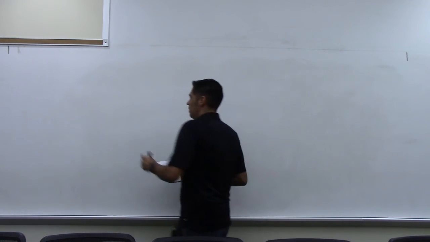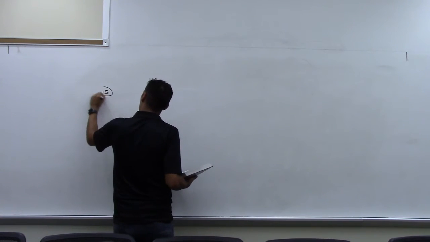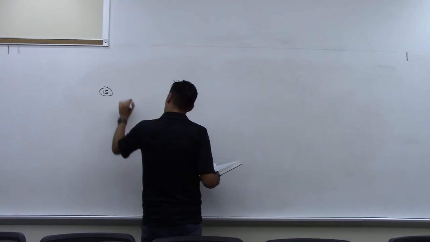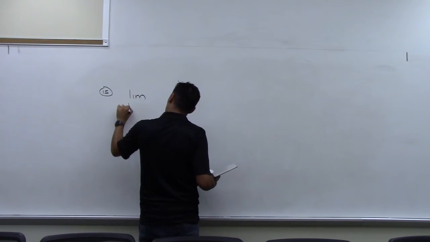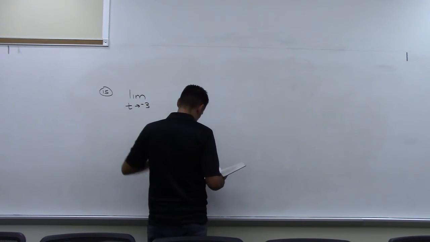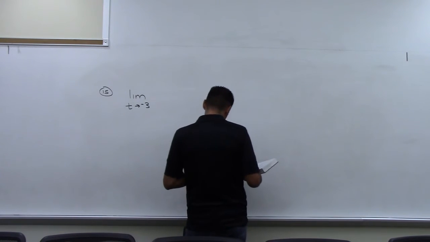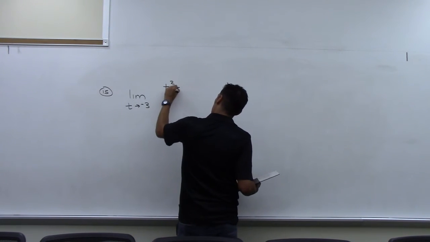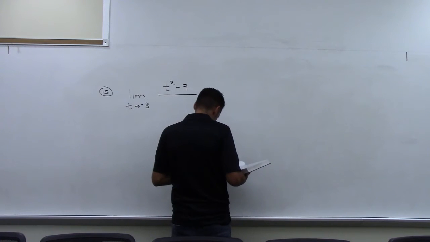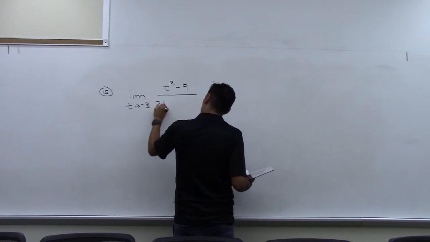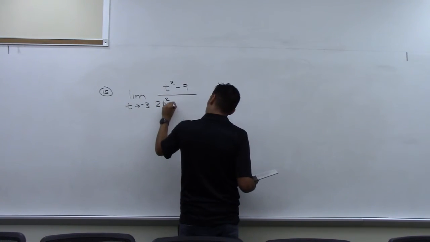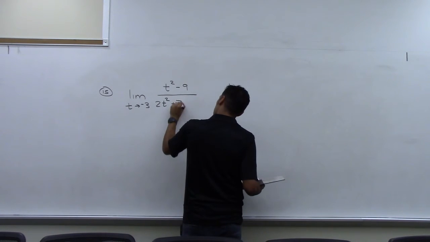All right, let's look at 15. Limit as t goes to -3 of t squared minus 9 over 2t squared plus 7t plus 3.